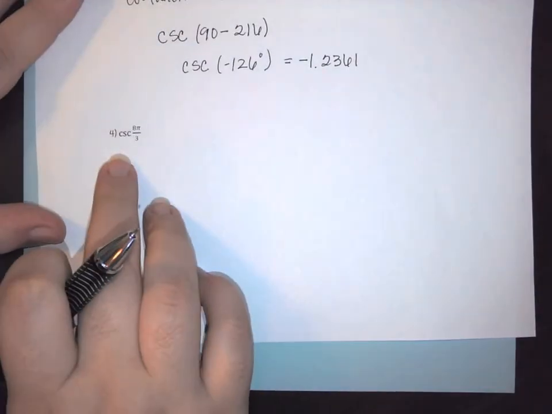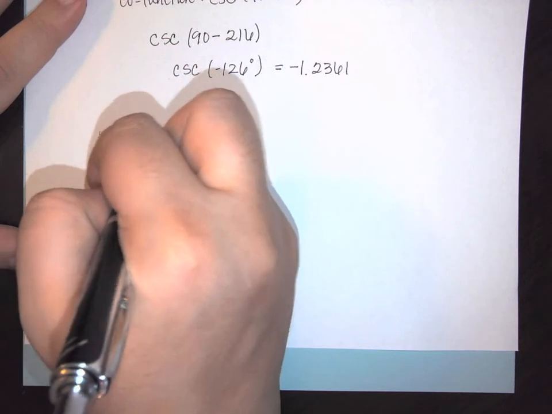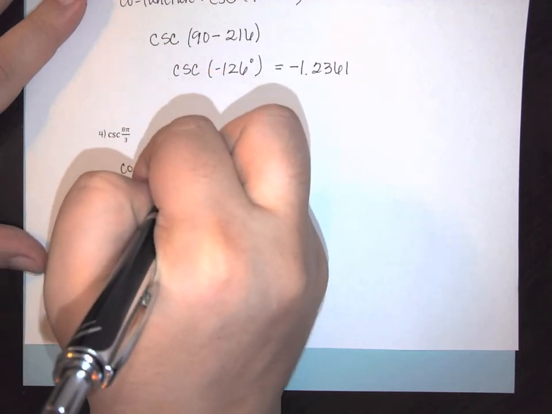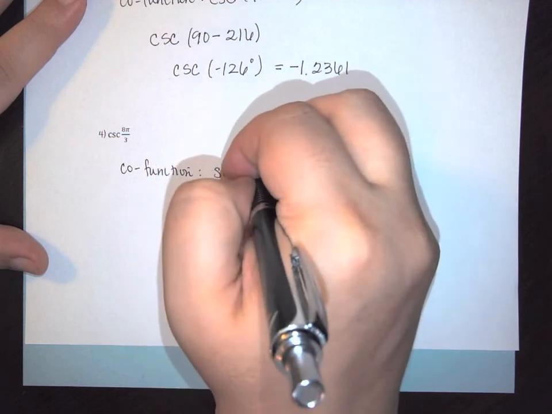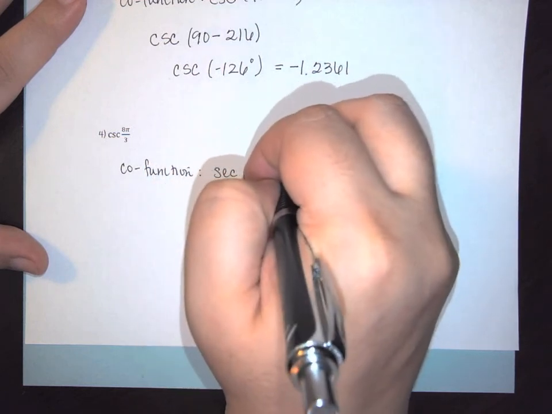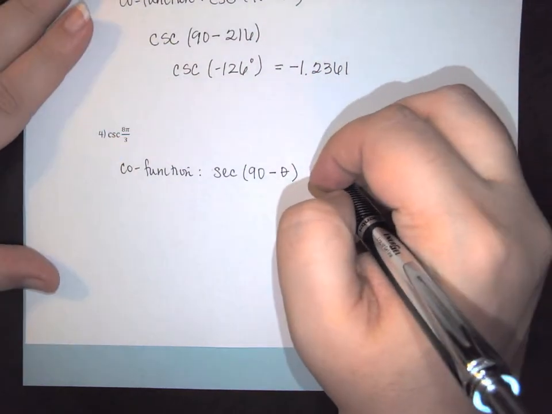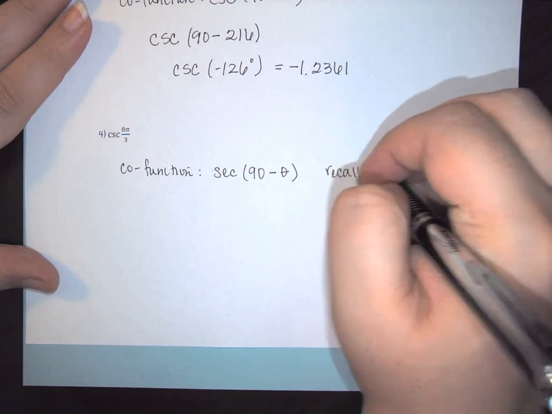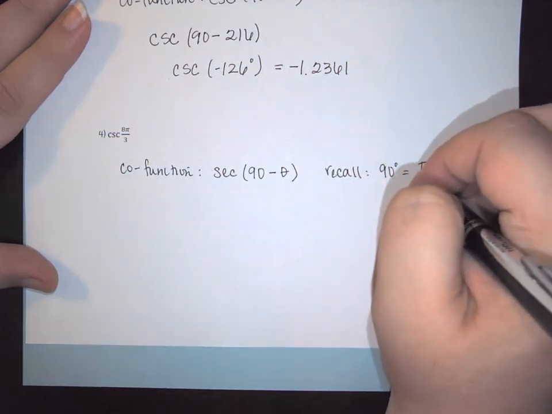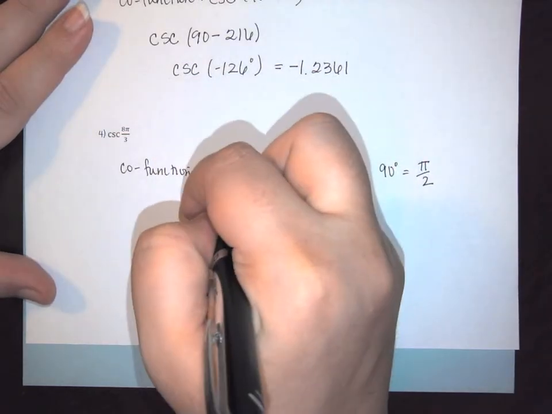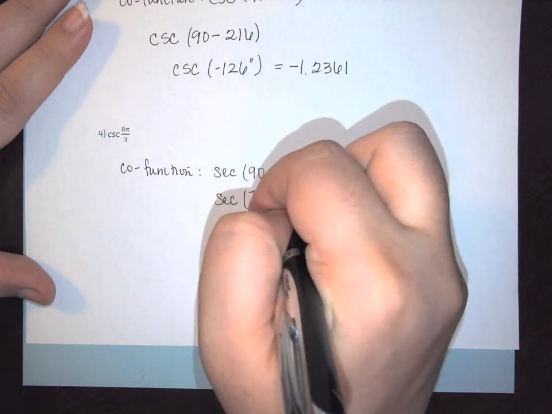Last but not least, I have radians here. In this case, the cofunction would be the secant of 90 minus the angle. But here we're in radians, so we have to recall that 90 degrees is the same as pi over 2. So we would be dealing with the secant of pi over 2 minus my angle.